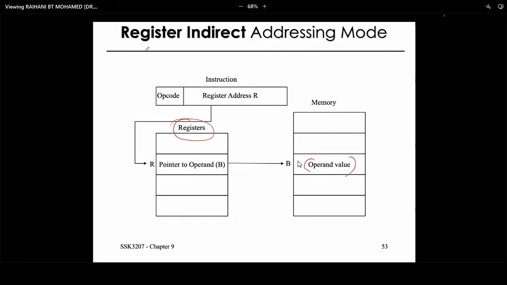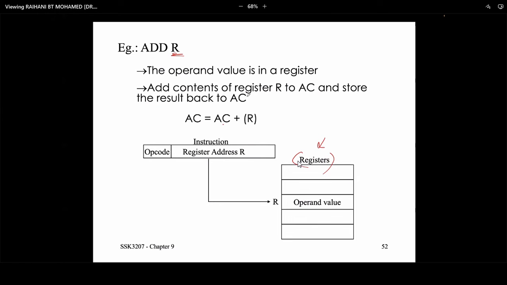So this one is called the register indirect addressing mode. The pointer to operand B points into the memory, to the value for the operand. So in the instruction, you just look into the register address for R.